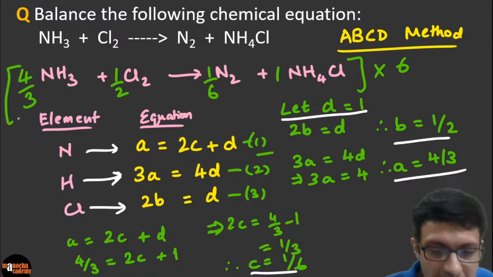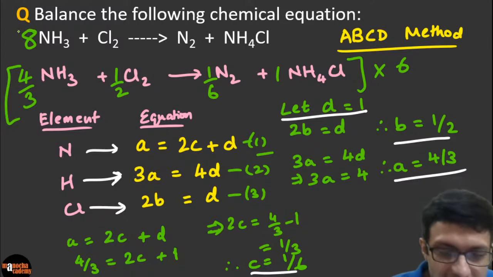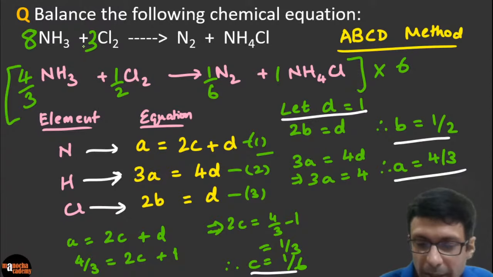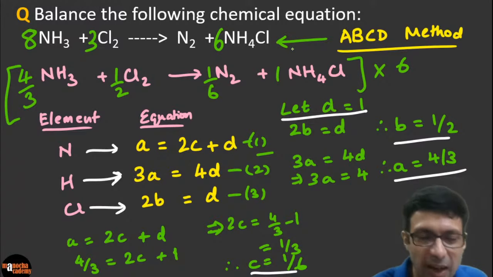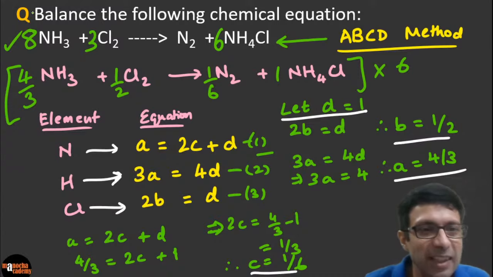So we are going to balance this whole thing. So 4 by 3 times 6, this is going to be 8 here. Half times 6, so we are going to get 3 here, right? And then 1 by 6 times 6, so nitrogen is going to be 1. And 1 times 6, so this is going to be 6. And this is our final balanced answer using the ABCD technique.